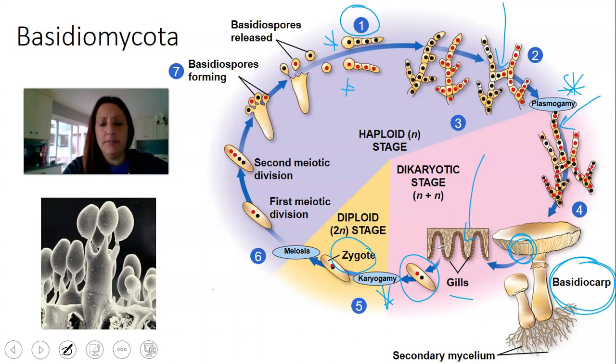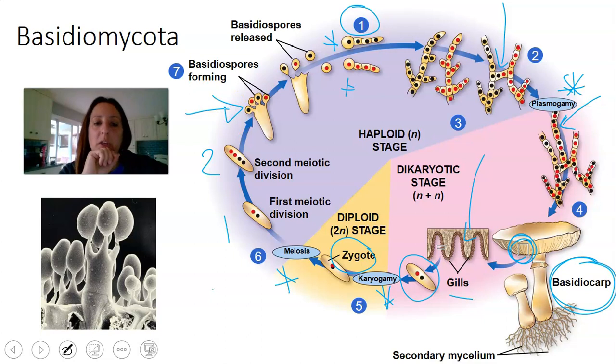That zygote is the only diploid cell here. It will immediately undergo meiosis. Okay, so we have meiosis 1 followed by meiosis 2. So we end up with 4 spores being produced. Those spores are going to kind of migrate to the edge of the cell. And then eventually they'll be released from the tip there. Those are called basidiospores.